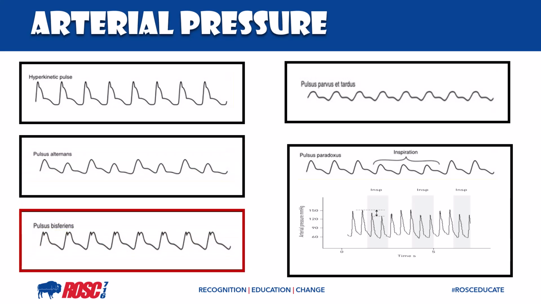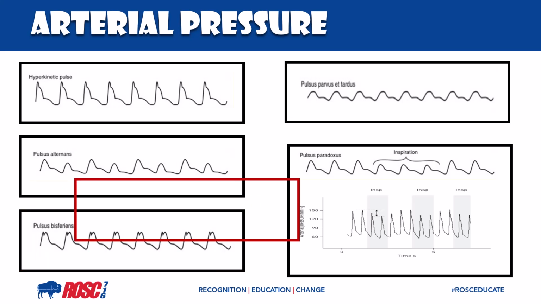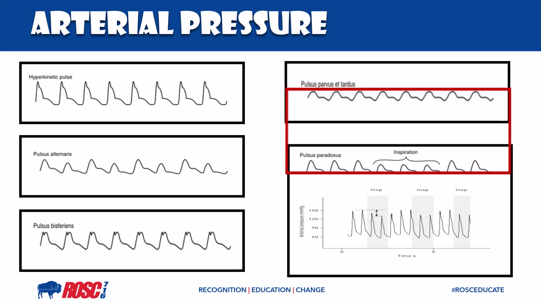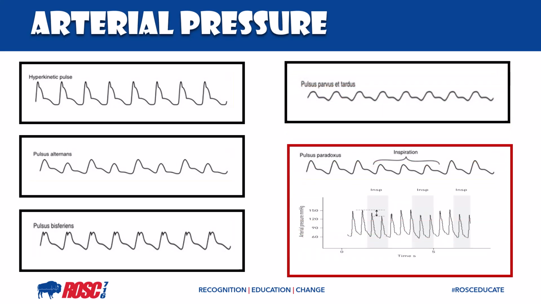Next would be pulsus bisferiens, and you see this with aortic valve insufficiency or regurgitation. Followed by pulsus parvus et tardus. This is a weak, late pulse. Sometimes you see this in severe aortic stenosis. And then lastly, probably the most commonly appreciated abnormality in arterial waveform analysis would be pulsus paradoxus, and you see arterial pressure variations depending on the patient's inspiration and expiration.